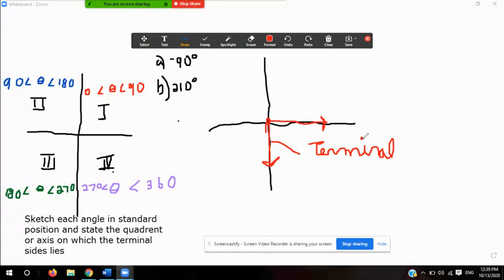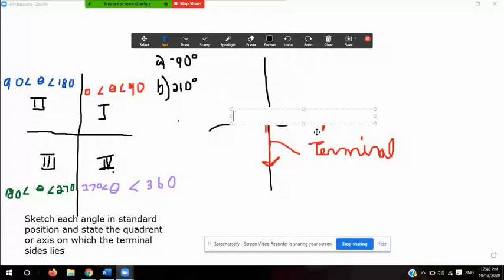Where does it lie? It actually lies on the x-axis. So the terminal side lies on the x-axis. Okay. Let's see if I can move that a little bit further. You know what? Let's just move it down.